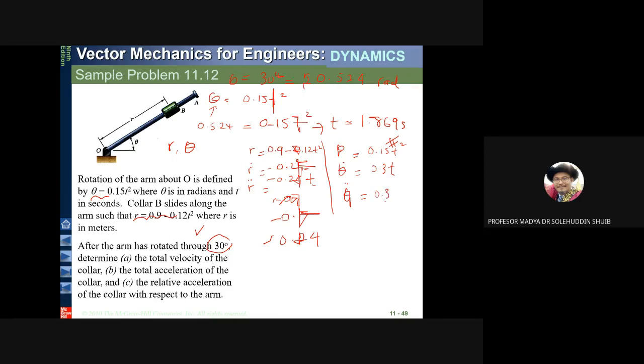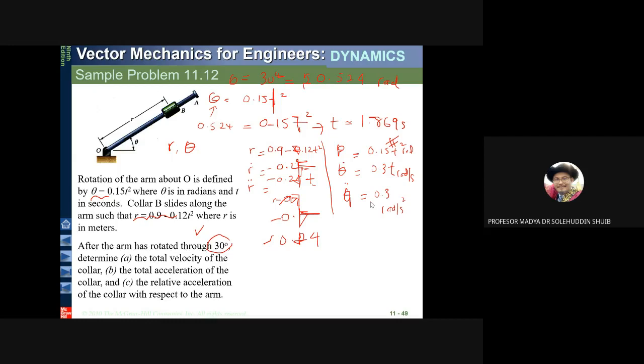Don't forget the units: r is in meter, r dot is meter per second, r double dot is meter per second square, theta is radian, theta dot is radian per second, and theta double dot is radian per second square. You multiply these with 1.869 and then you get the values.